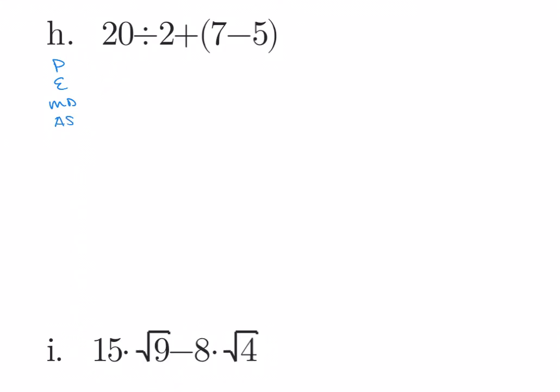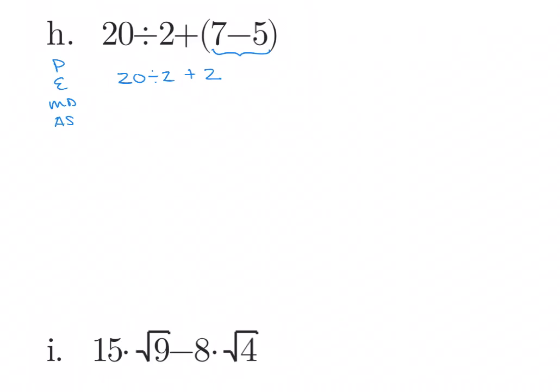We do have parentheses, so let's start with our 7 minus 5. We get 2. I'm going to go ahead and remove the parentheses now. I don't need them anymore because we don't have a number in front. It's just a plus sign. Plus 2 is the same thing as plus 2 in parentheses.